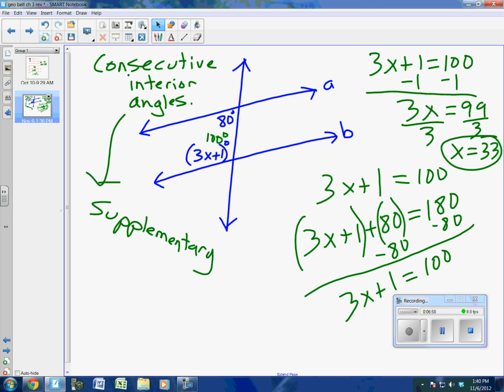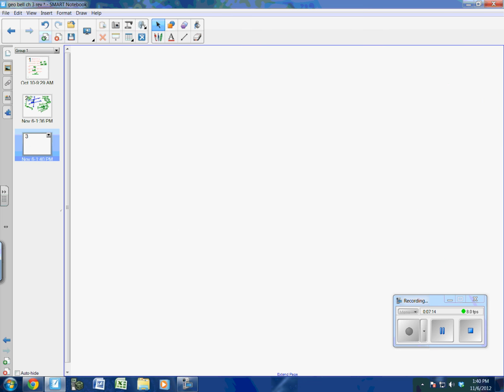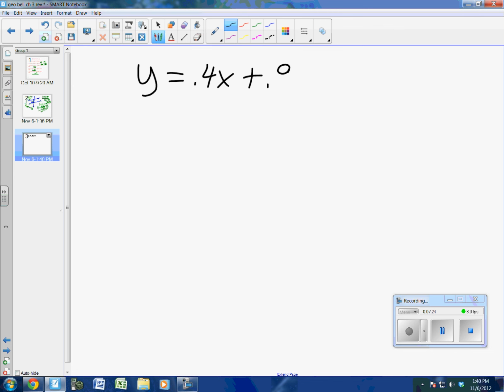Okay, I've got one more, or two more questions. 35 and 41. Okay, 35. One telephone company's charges are given by the equation y equals 0.4x plus 0.99, where y represents the total cost in dollars for a telephone call, and x represents the length of the call in minutes.